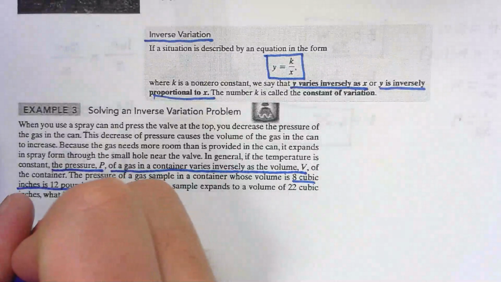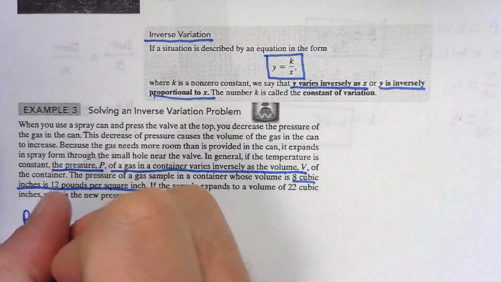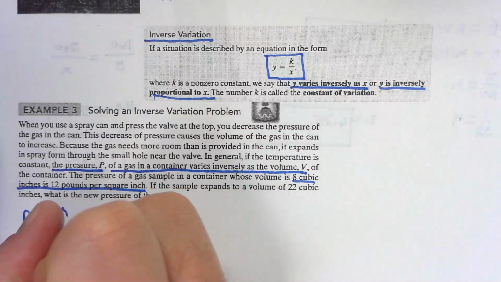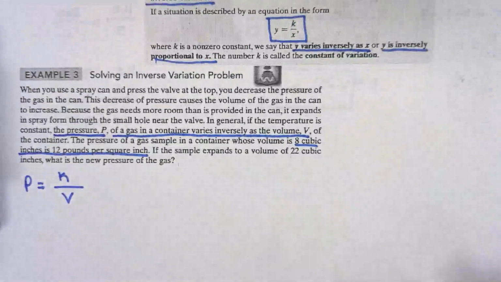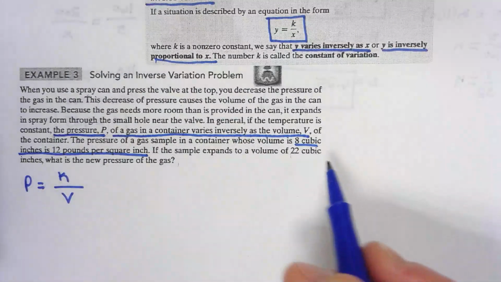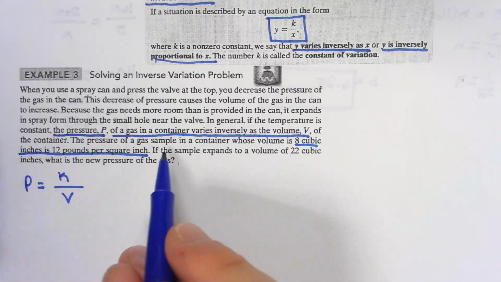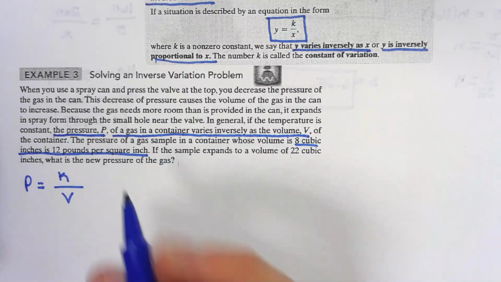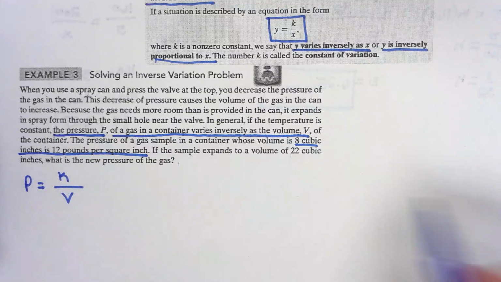So the pressure P varies inversely with the volume, so the pressure P is equal to the constant divided by the volume. Then we're given that the pressure of a gas sample in a container whose volume is 8 cubic inches is 12 pounds per square inch.